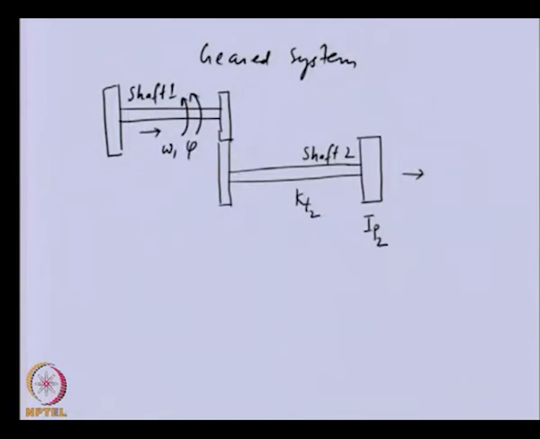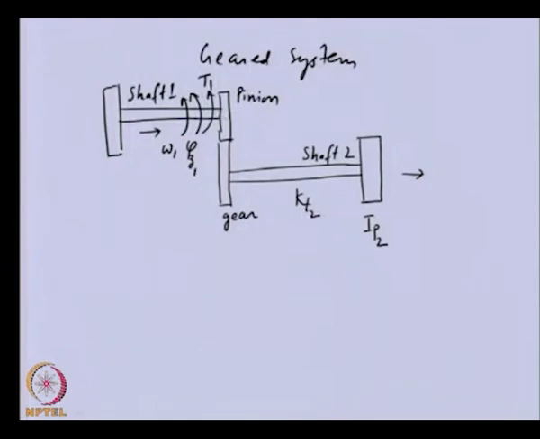Let us say that is phi z 1, and because it is transmitting power, it has torque T1. These are just before this gear, and basically this we will call the pinion, and this is the gear.